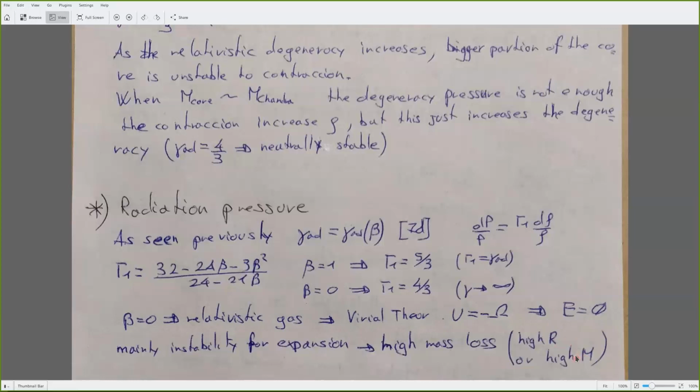High mass would be the blue giant. There you can have essentially this mass loss due to radiation pressure in the wind, pushing away the external layers of the gas.